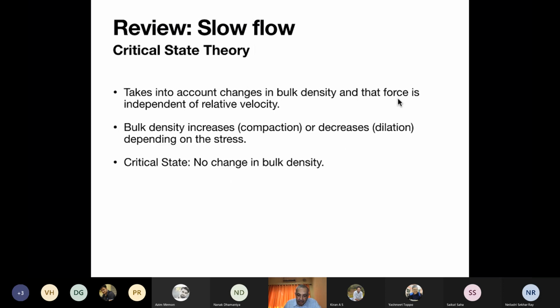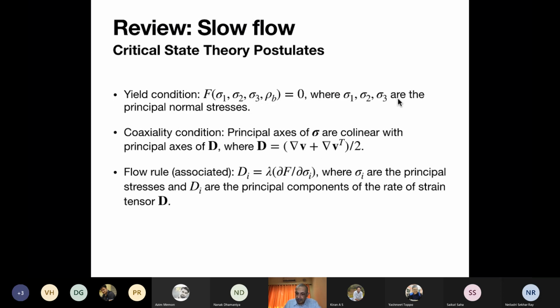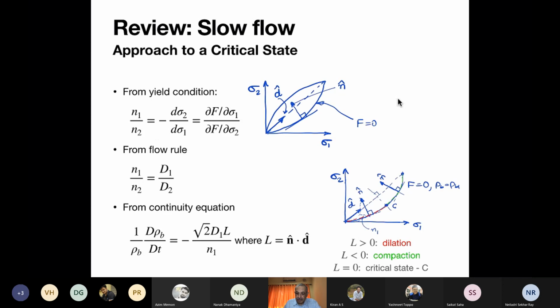And as I said over here, it takes into account changes in bulk density, but also it takes into account the fact that the flow is friction dominated, so the force is independent of relative velocity. So both those things are important. And in the last class, we spent the whole class trying to understand at what point we reach the critical state.